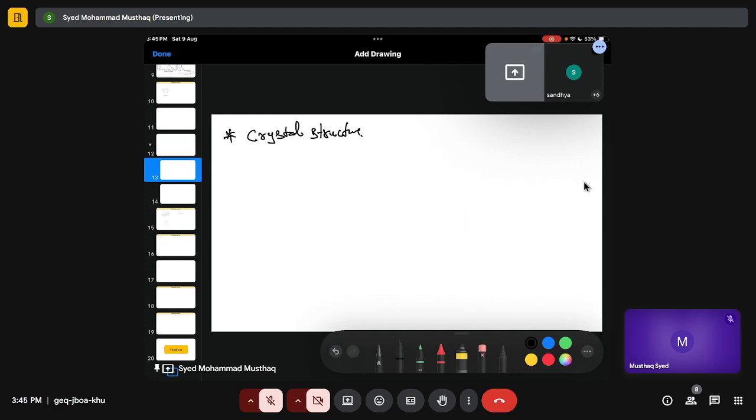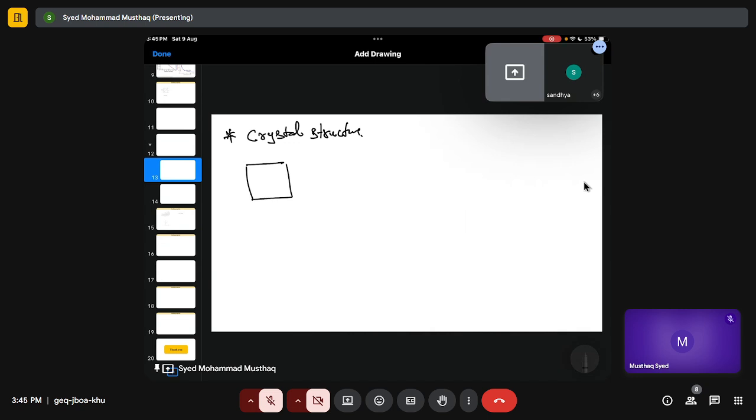Now, let's say this is my simple cubic. So in simple cubic, I have 8 atoms. Now let's only talk about simple cubic here, because there are a lot of crystal structures, there are complex crystal structures. We will come to that.